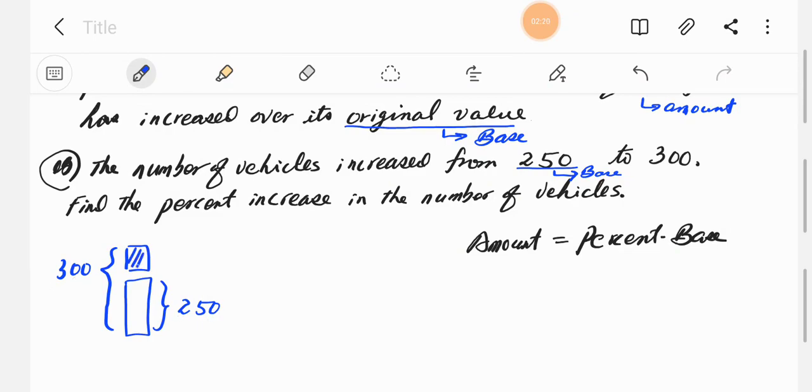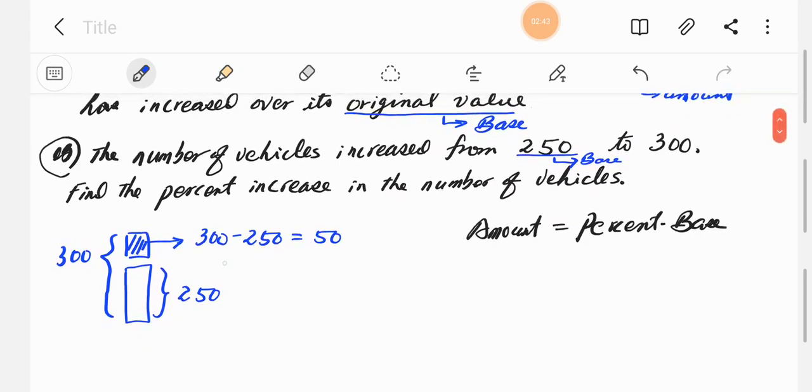Then what's the amount? What's the number of vehicles increased? So this is 50, because 300 minus 250. So 50 vehicles is increased from 250 to make it 300.